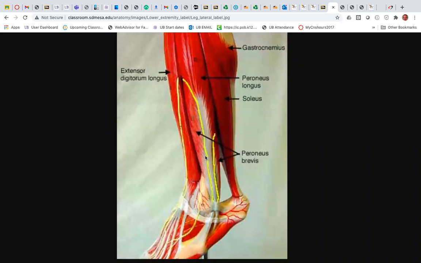Here is the tendon of it. If we follow the tendon down, it goes posterior to the lateral malleolus. It goes underneath the foot, and it makes a stirrup. It attaches to the inner compartment of the foot, the same exact spot as the tibialis anterior, except not on top of the foot, on the bottom of the foot: the first cuneiform and first metatarsal.